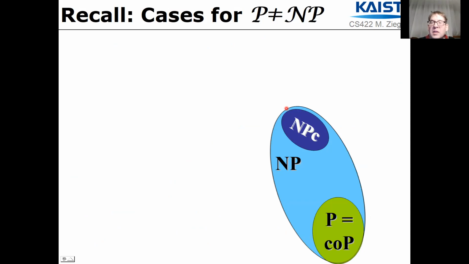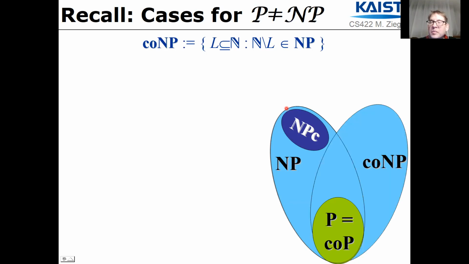So from the space perspective, non-determinism and determinism are at most quadratically related to each other. Now, how about the similar question for non-deterministic space and co-non-deterministic space?